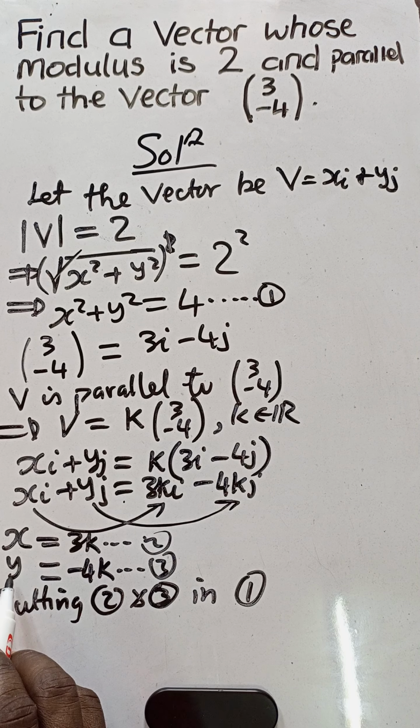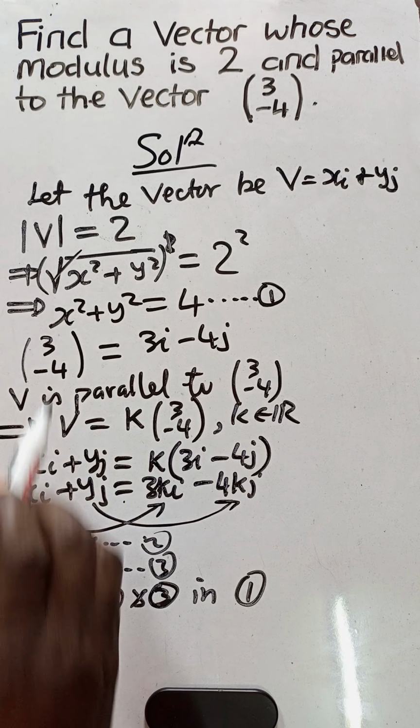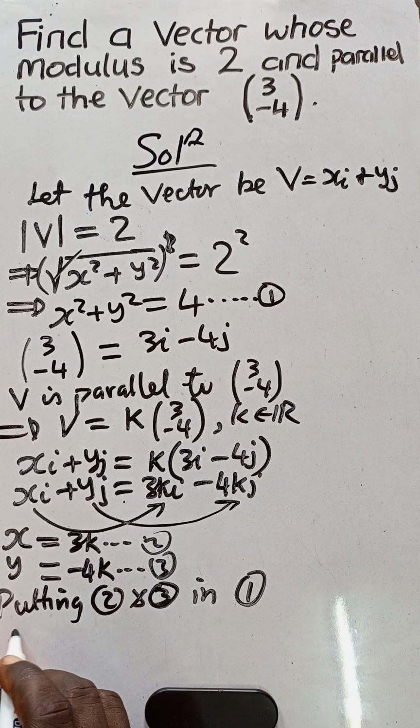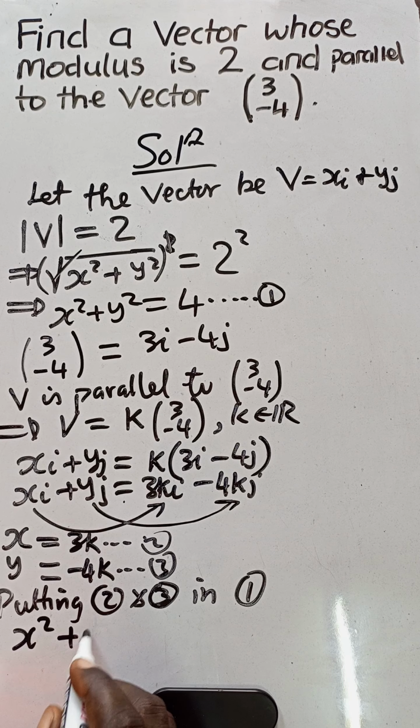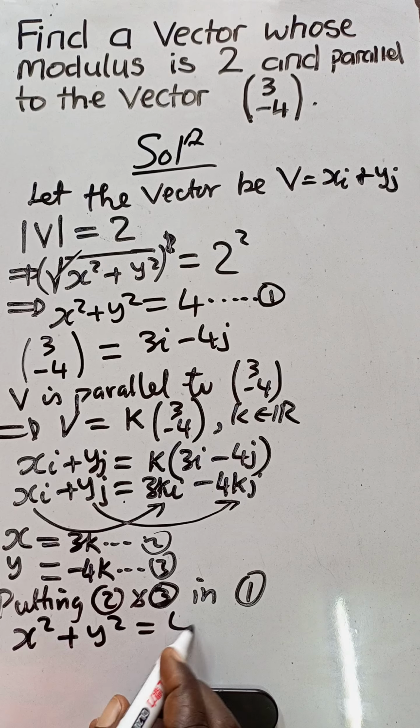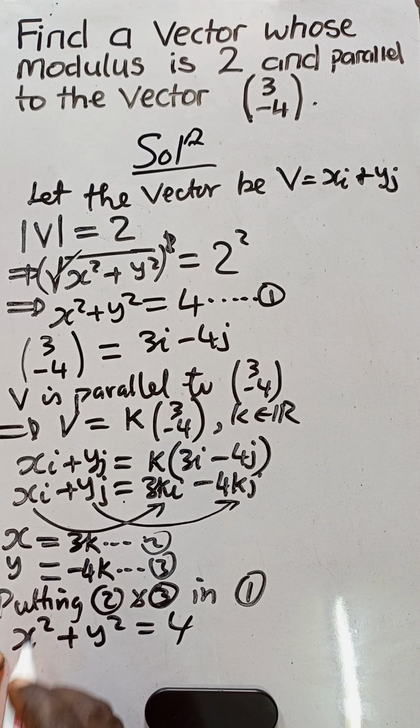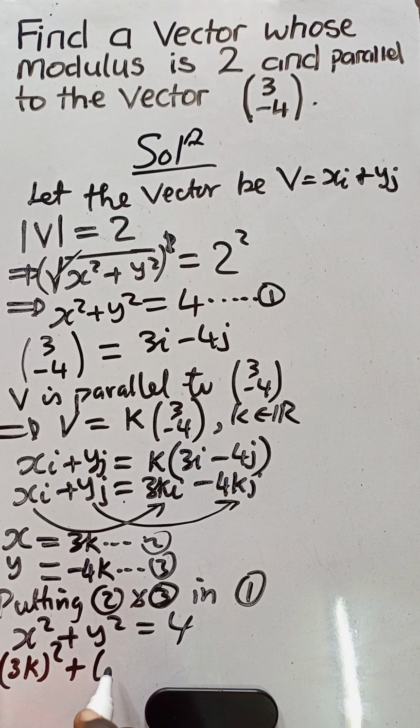Wherever we find y, we're going to write -4k. Equation 1 is x squared plus y squared equals 4. So in the place of x, we're going to put 3k, and in the place of y, we're going to put negative 4k.